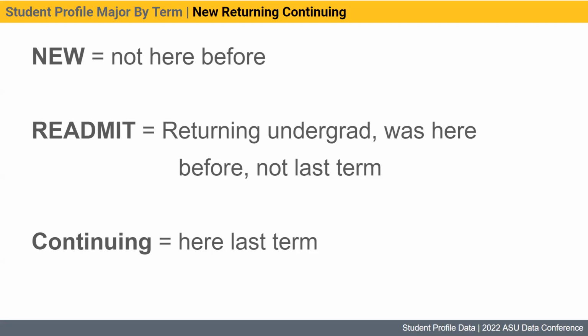Now we have quick reentry and they're not. So again, we take that code and we change it to the word returning. It's just nicer on reports. And that means that they were here before, but they were not here last semester. And last is continuing, and that means they were here last semester. That's it, basically.